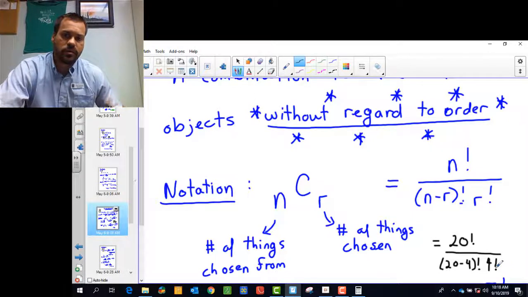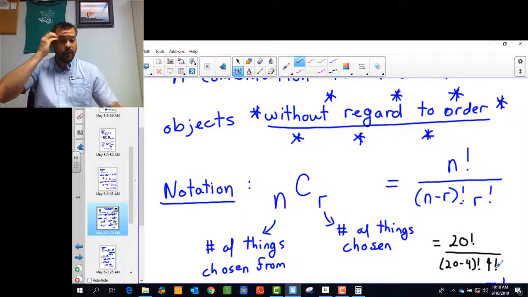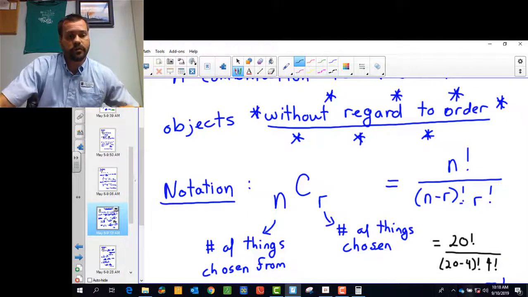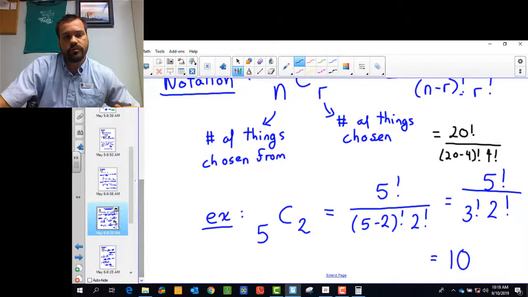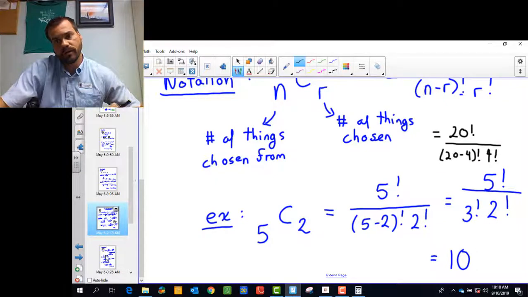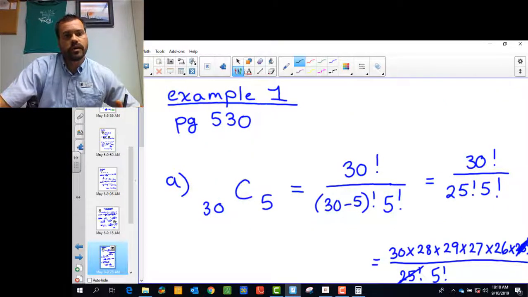Your biggest job is going to be to figure out, is order important? So when you read a question, you're going to have to say, okay, I know I have to count the number of ways I can do something, but is it a matter of order, or is it a matter of I don't care about the order?